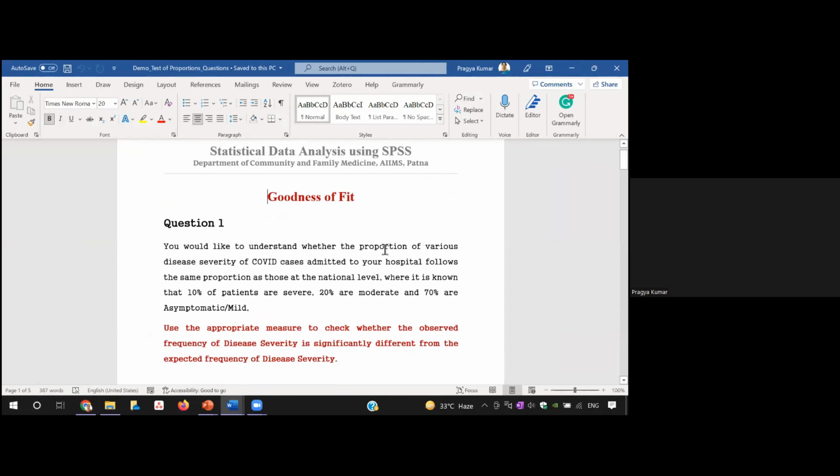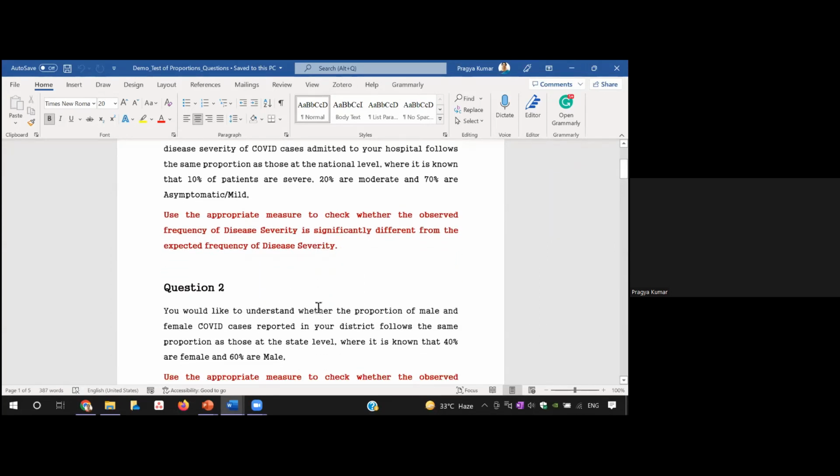I would like to understand whether the proportion of various disease severity of COVID cases admitted in the hospital follows the same proportion as at the national level, where it is known that 20% of the patients are severe, 20% are moderate, and 70% are asymptomatic or mild. And the second question is, I would like to understand whether the proportion of male and female COVID cases reported in my district follows the same proportion as at the state level, where it is known that 40% are females and 60% are males.